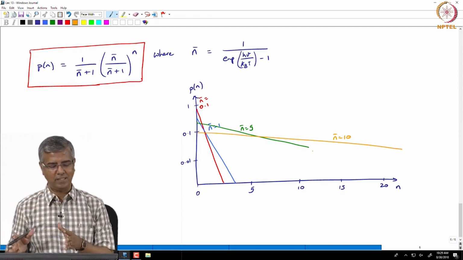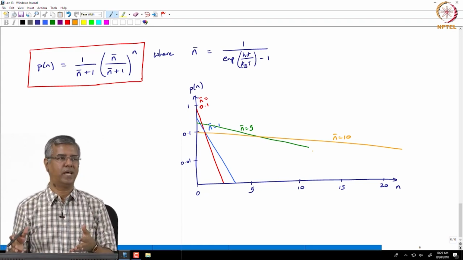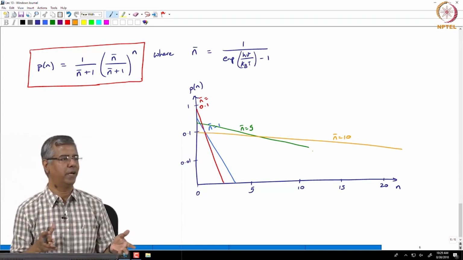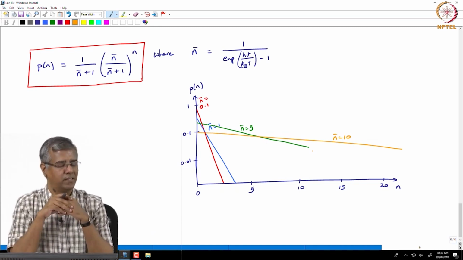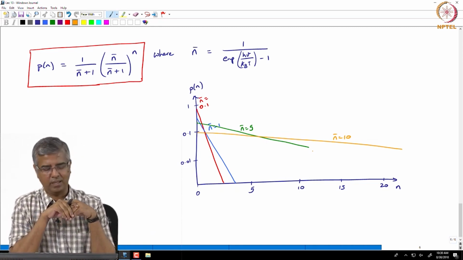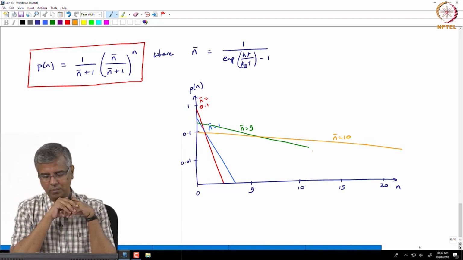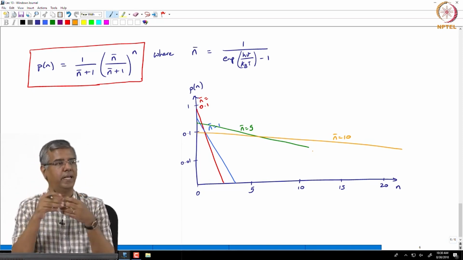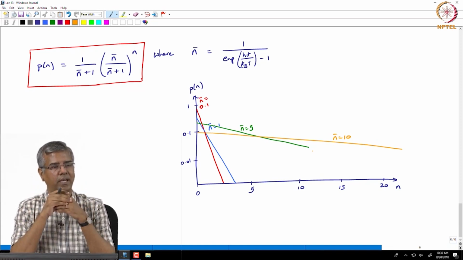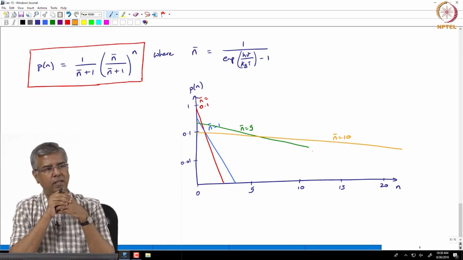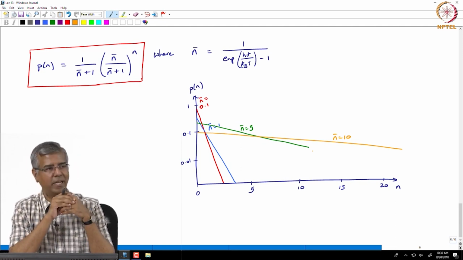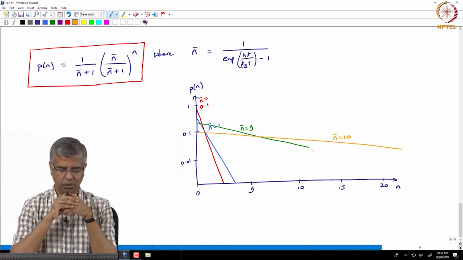So what we can say is thermal light sources are relatively incoherent compared to other light sources, like in the case of a laser. Thermal light sources, as in the case of sunlight or incandescent light, which are basically black body radiation, are fairly incoherent, fairly random light sources. This is what we were saying.